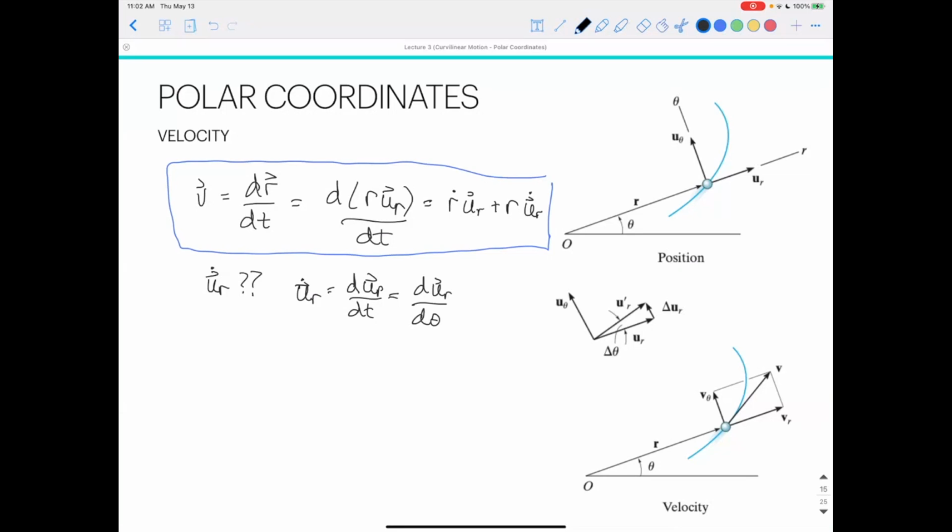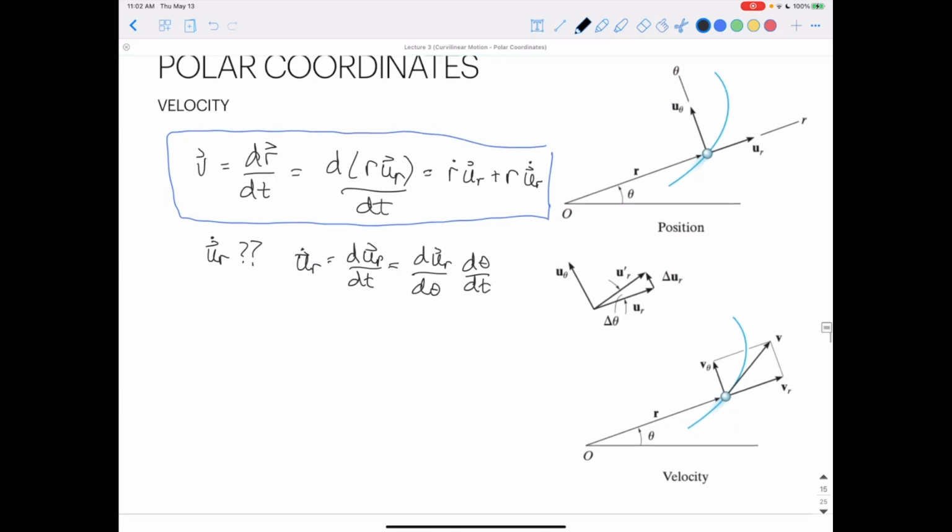It's just related to that change in angle d theta. And we use chain rule, d theta dt. And then we can also prove that du r d theta is equal to u theta. So finally, we can write u r dot is actually equal to theta dot, which is d theta dt, times du r d theta, which is equal to u theta.